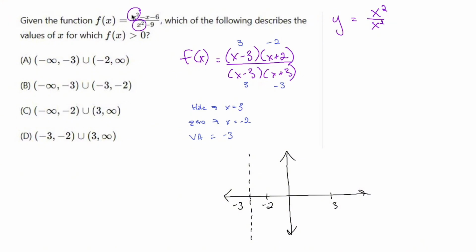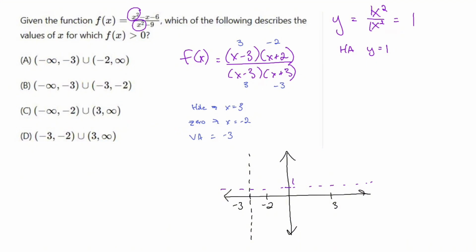You're looking for the leading coefficient divided by the leading coefficient. Each leading coefficient is 1 and 1. So I'm going to have a horizontal asymptote at y equals 1.